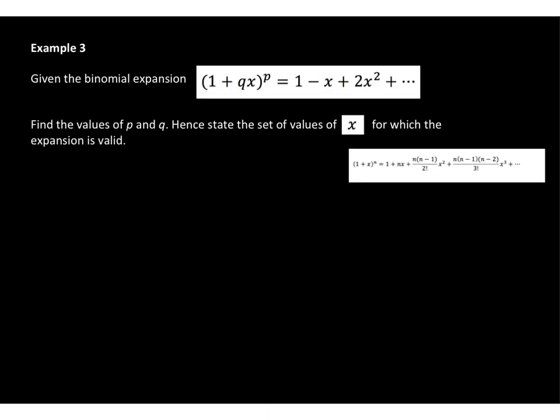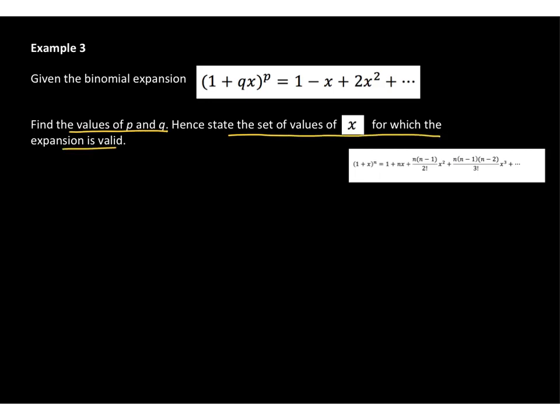Example 3. So we're given the binomial expansion 1 plus qx to the power of p, and we're told that the first three terms of this infinite series expansion are 1 minus x plus 2x squared. We now have to find the values of p and q, state the set of values of x for which the expansion is valid as well.